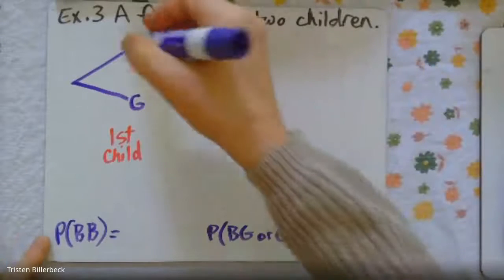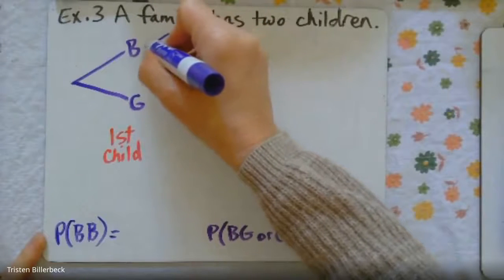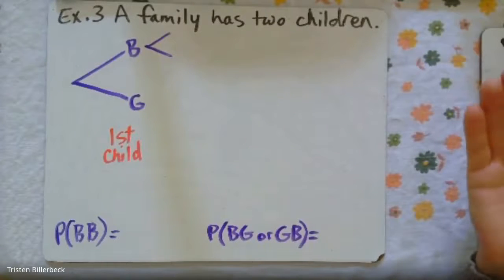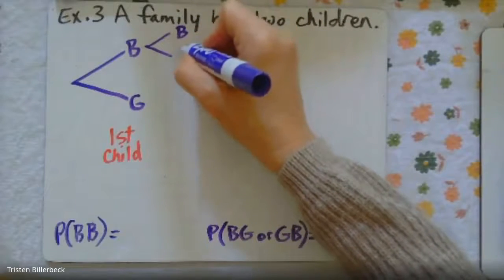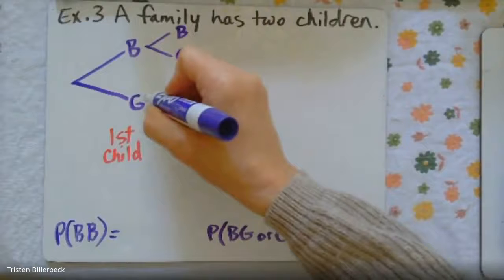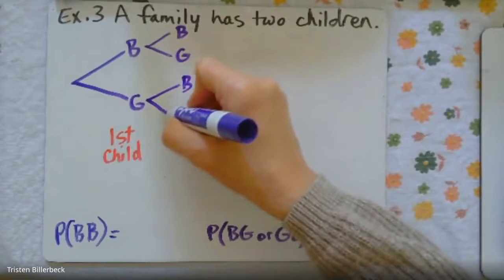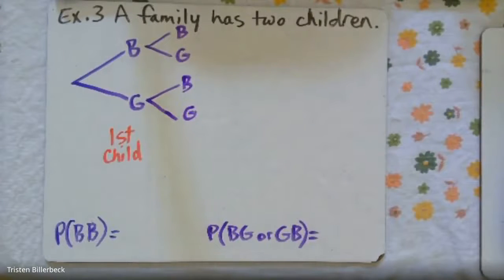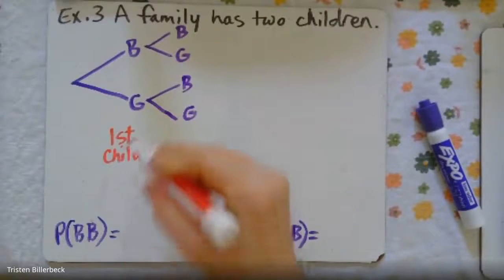Okay, the second child, these are mutually exclusive events because each pregnancy is exclusive. So this could be a boy or a girl. And this could be a boy or a girl. So that would be the second child.